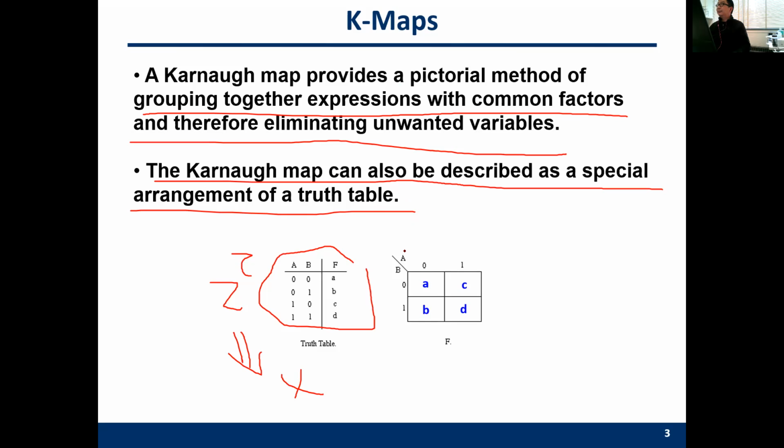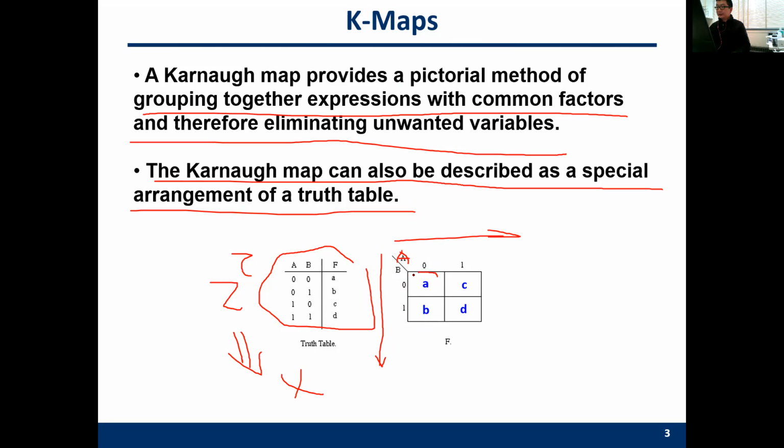In the horizontal line, we have the A variable, but the vertical line indicates the B variable. So we can write 0, 1, 0, 1 here to indicate what's the case if A is 0, what's the case if B is 0.